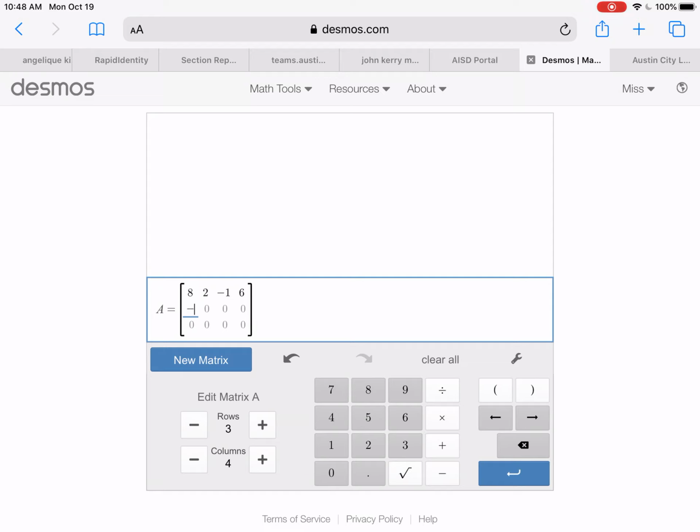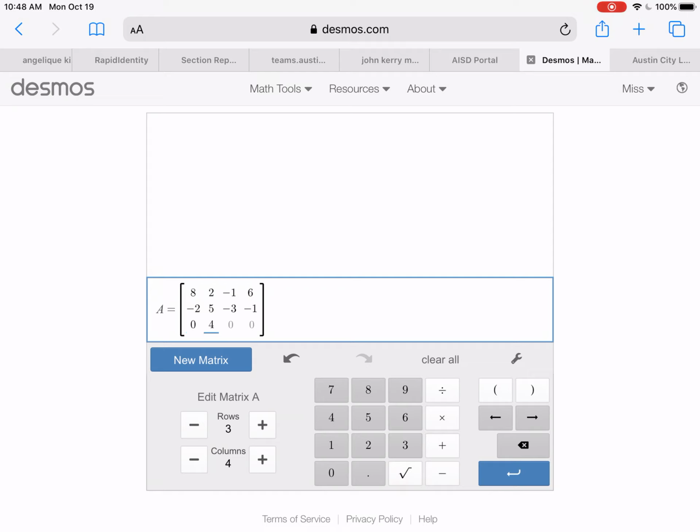Then we had negative 2x plus 5y minus 3z equals negative 1. In the next row, we had no x. That's 0. There's no x. There's nothing there. Nothing is 0.